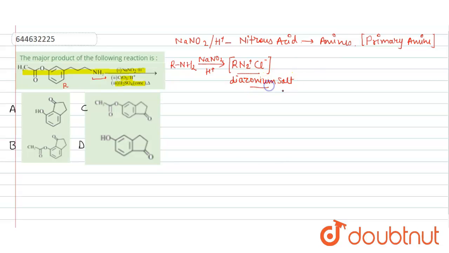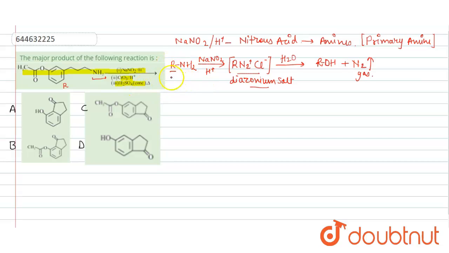But as we know, the diazonium salt would be very unstable if R is an alkyl group, and here it is an alkyl straight chain. The ring is after two CH2 groups. So when hydrolyzed with H2O, this can give ROH, a primary alcohol, and nitrogen gas is evolved.